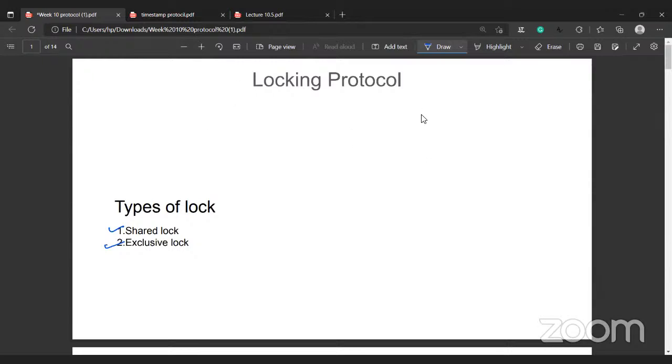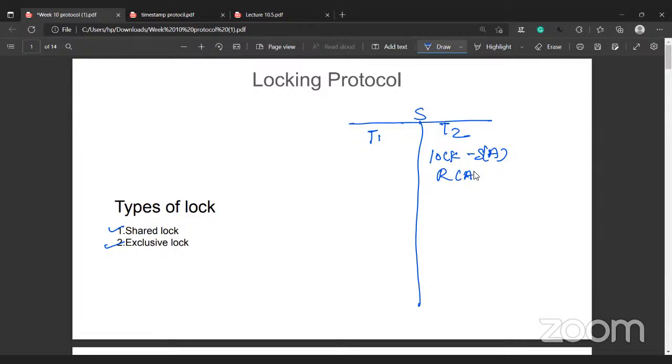Suppose there is one schedule S, and there are two transactions T1 and T2. Lock shared applied, then read A, then lock shared applied, then read B, and unlock A, right?